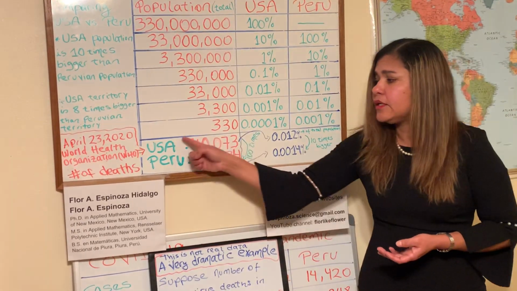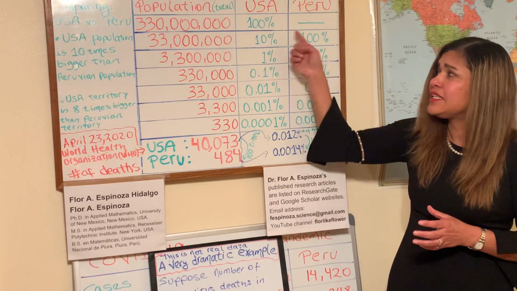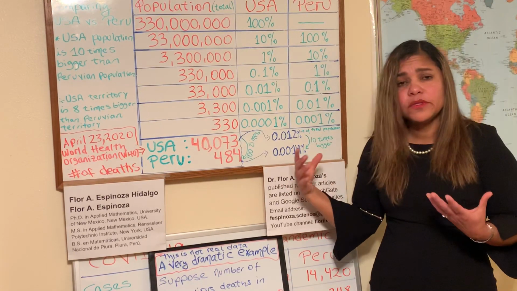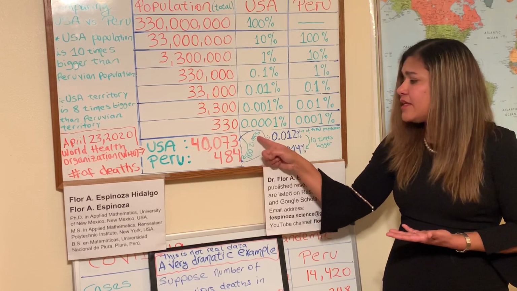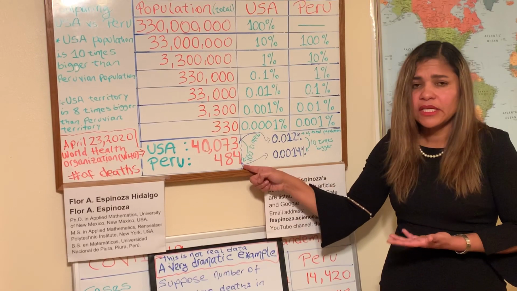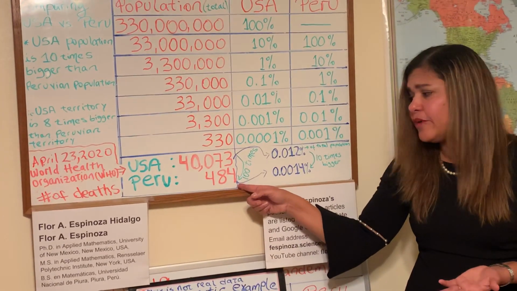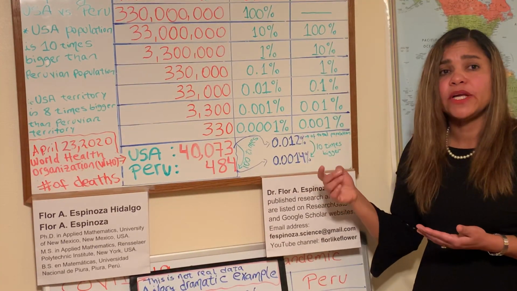If we just compare the number of deaths between these two countries without taking into account the big difference in population size, then we could conclude that the number of deaths in the United States is roughly 100 times the number of deaths in Peru. This is a valid conclusion, however, very unfair, because we haven't taken into consideration the big difference in population size.